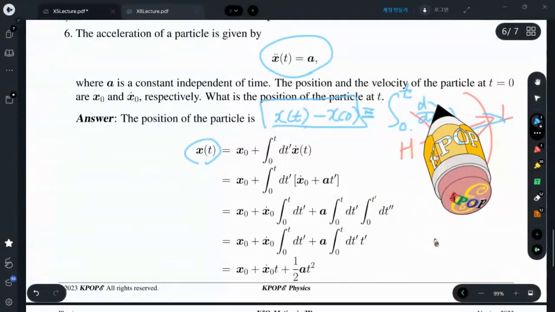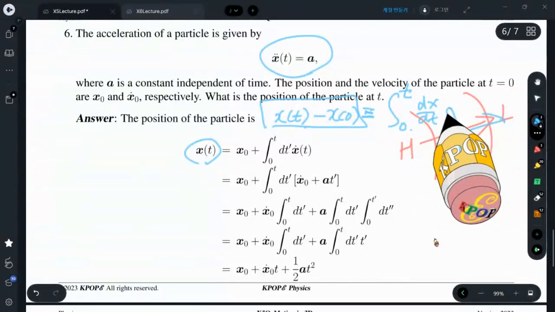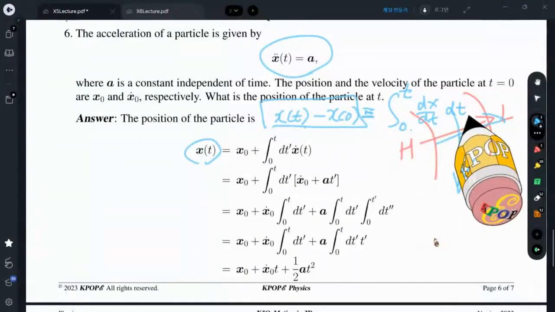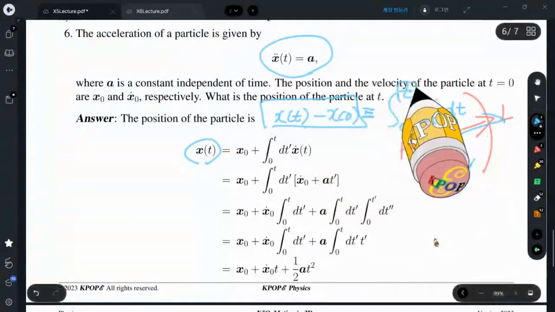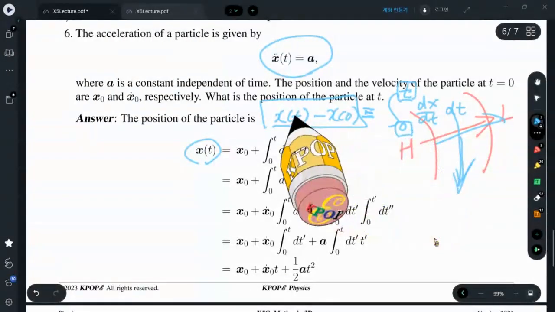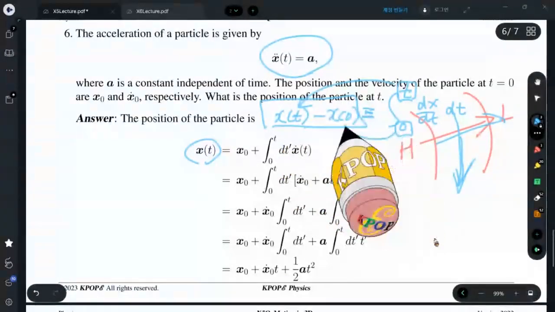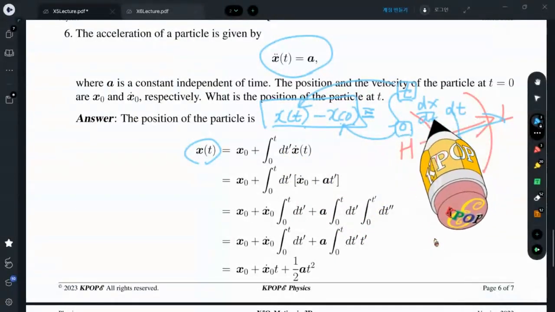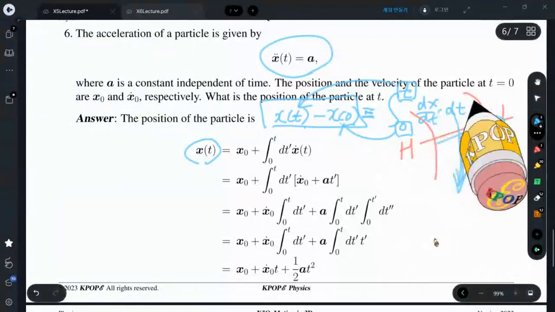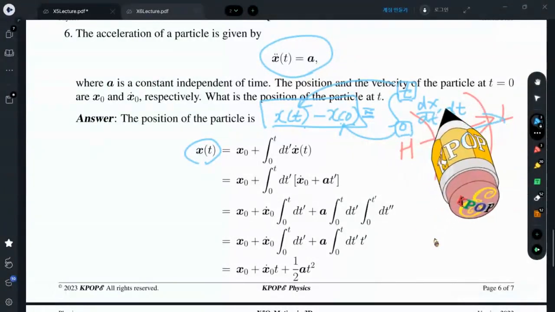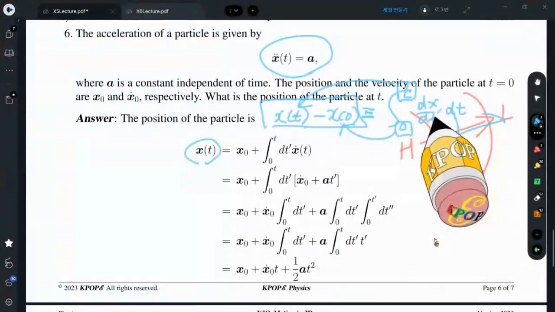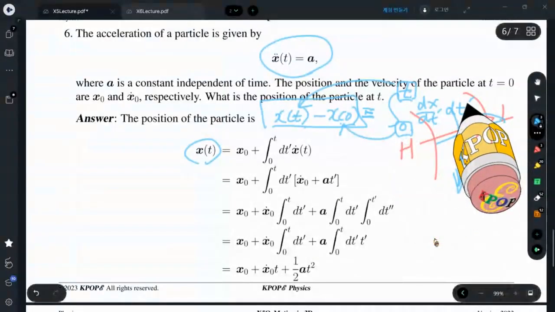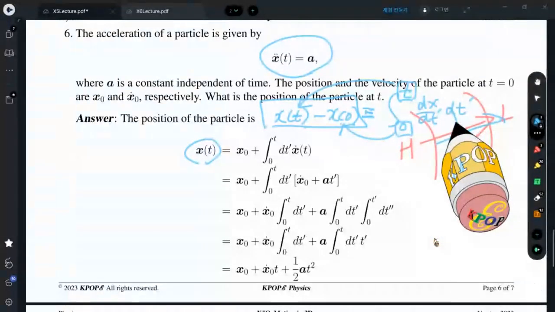The time derivative of x integrated over t. The upper and lower limits are copied, but we have a dummy variable. Therefore, we need to distinguish this integral variable from the upper and lower limits, so I have attached a prime here.